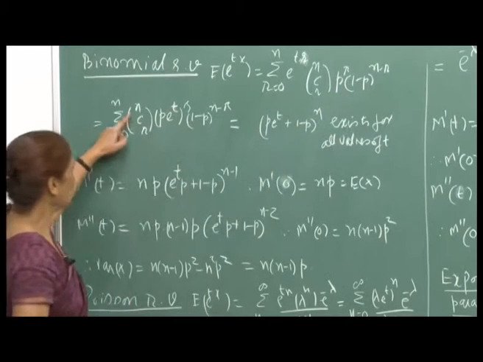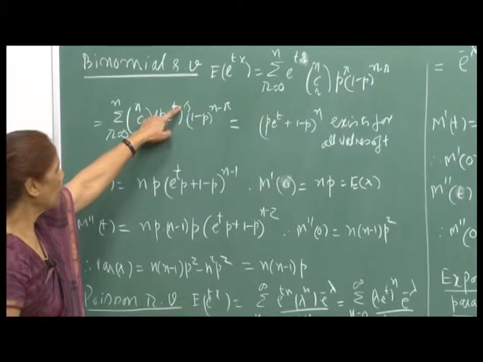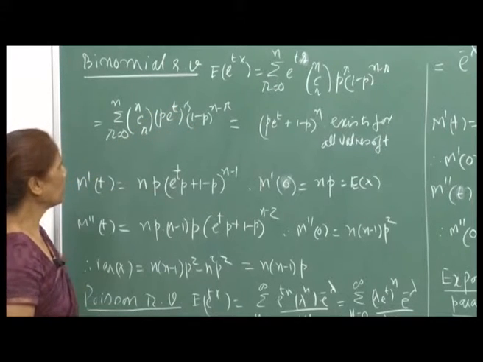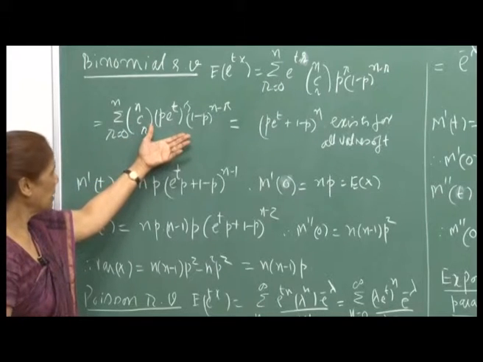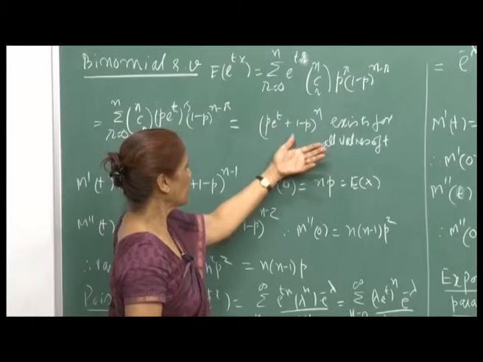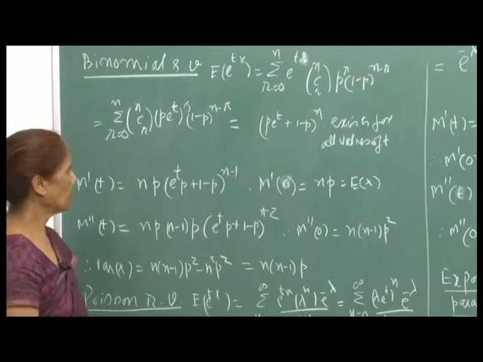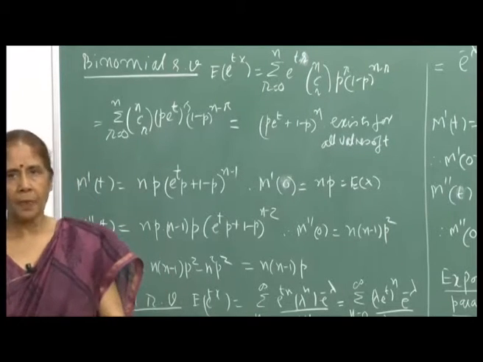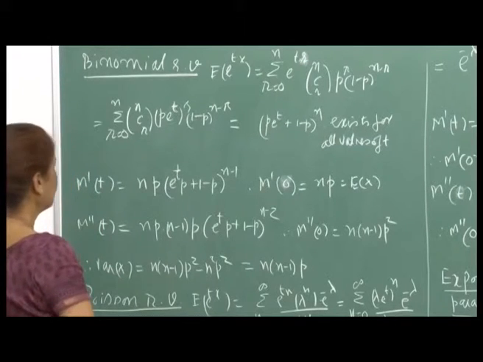So, this becomes n c r (p e raised to t) whole thing raised to r into (1 minus p) raised to n minus r. Okay. And this you can see is again a binomial expansion of the expression (p e raised to t plus 1 minus p) raised to n, and this exists for all values of t, right, because the expansion is valid no matter what the value of t is.